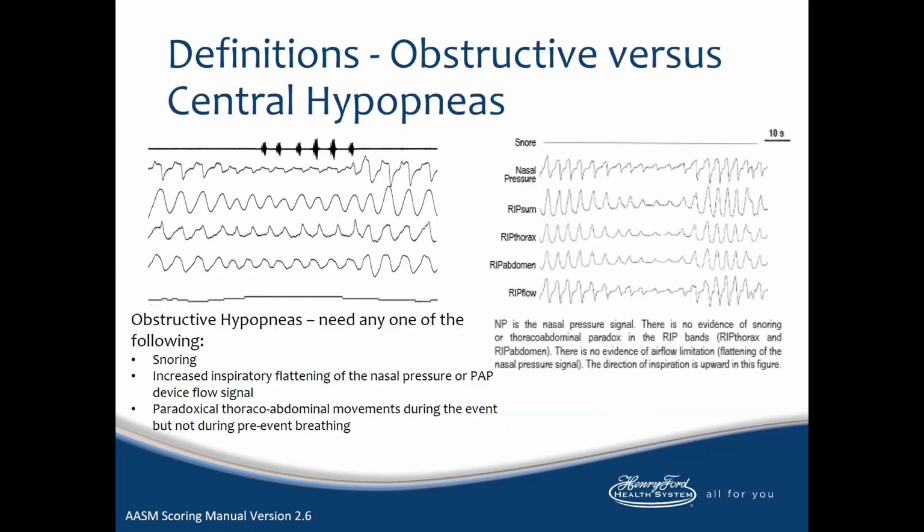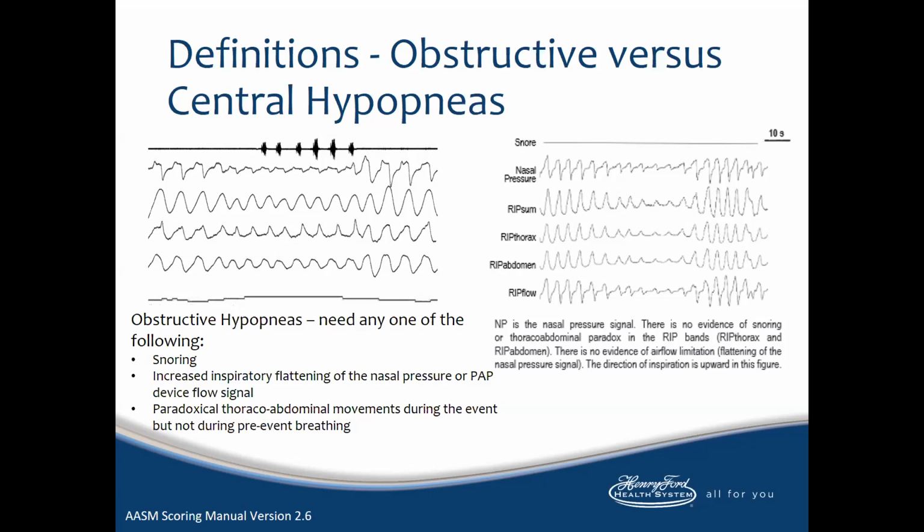Here's a side-by-side comparison of obstructive versus central hypopneas. This is what we're going to be mainly focusing on in terms of sleep disordered breathing. So that obstructive hypopnea needs to be associated with any significant snoring, which you may see in the chin leads. You'll see an increased inspiratory flattening of the nasal pressure or the PAP device flow signal if it's during a titration study. You also see paradoxical thoraco-abdominal movements during the event, but not really before that event.